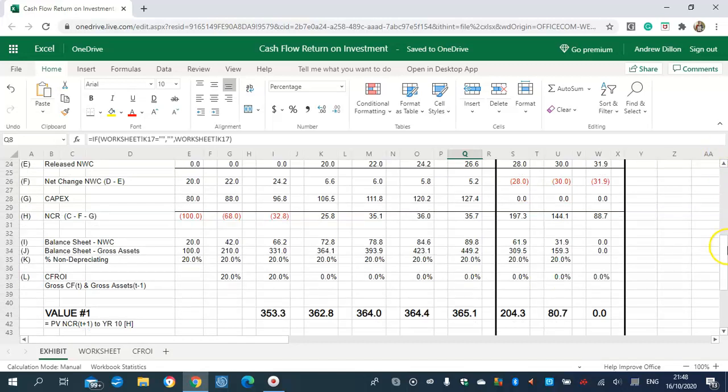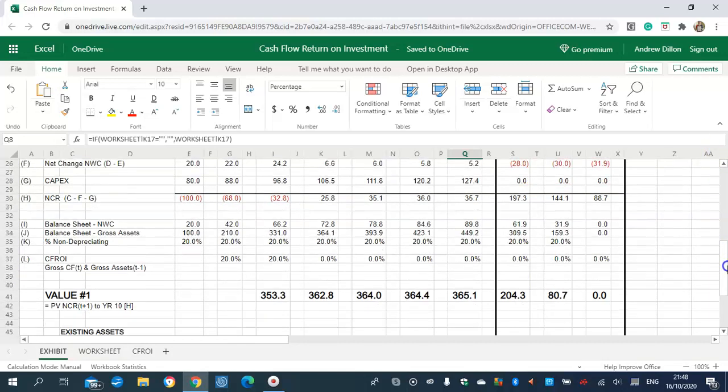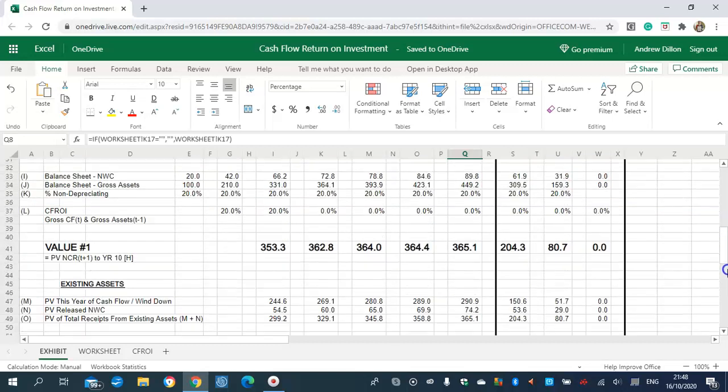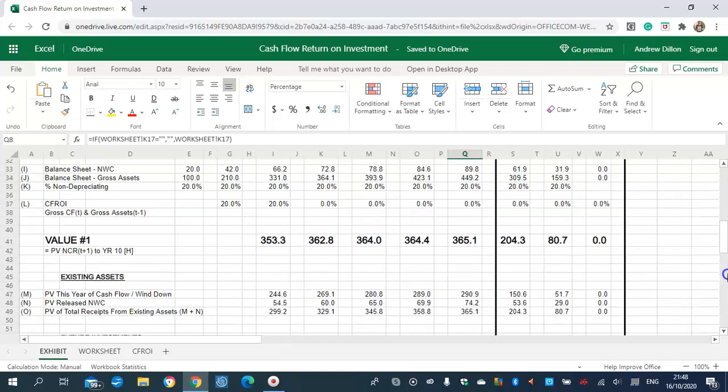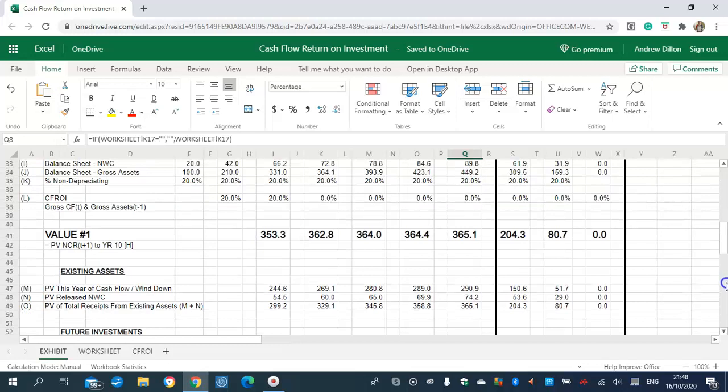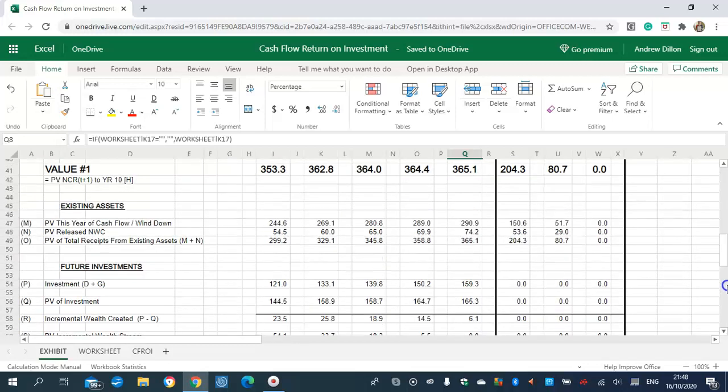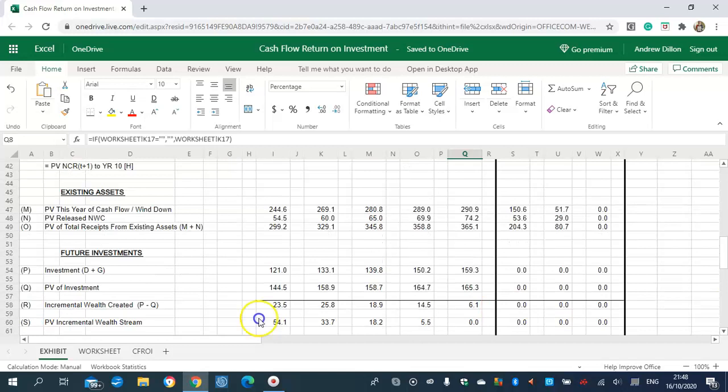Okay. Some future investments. Yeah, that's where I was at. Yeah, it's here.